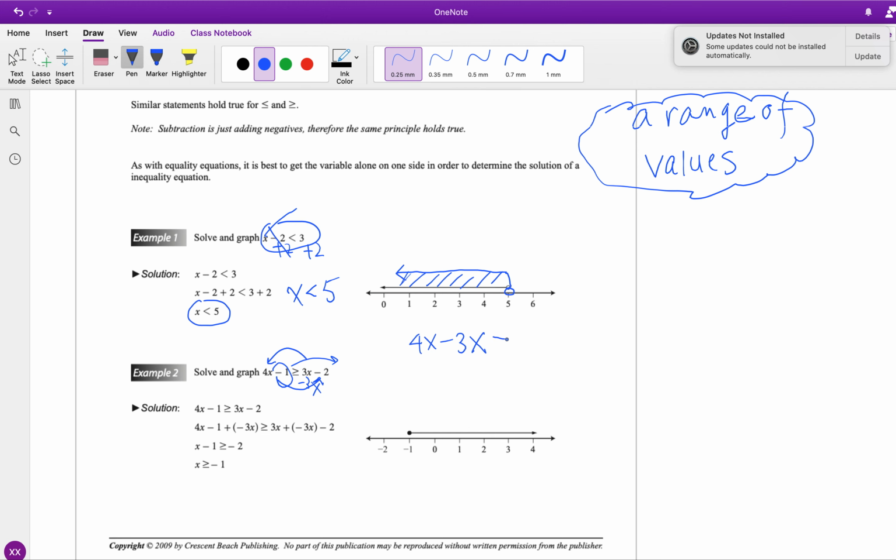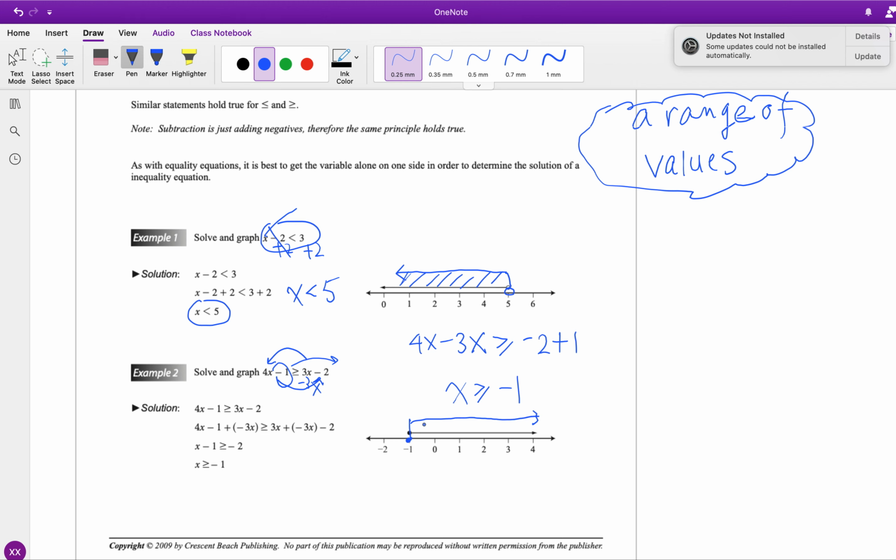So then you keep your same inequality sign, and then you have a -2 on this side before. Now you add the same 1, a plus 1. So then this becomes x, and then this is larger than -1, right? So then an equal to. Therefore, you get a solid dot on your number line, and then you draw this arrow.